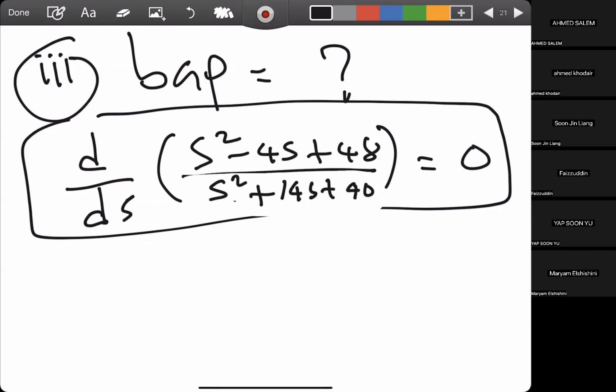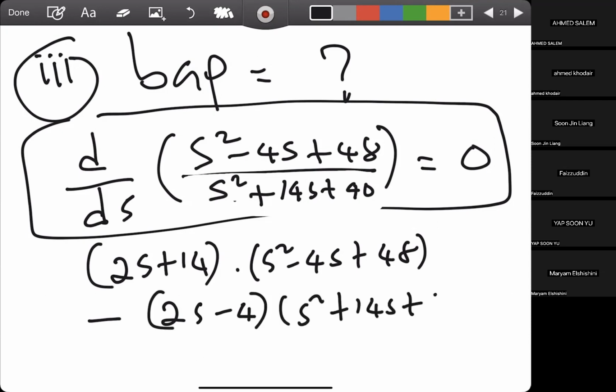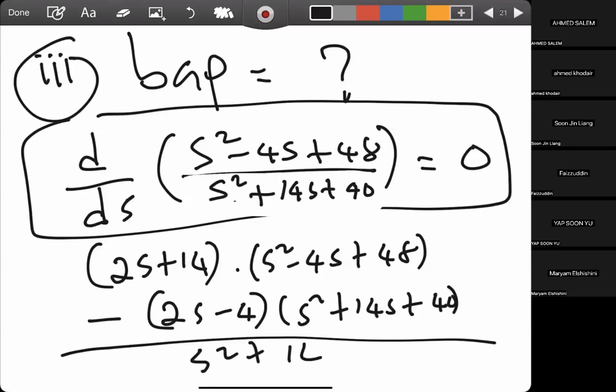So 2s minus 4 times s squared plus 14s plus 40, minus 2s plus 14 times s squared minus 4s plus 8, over s squared plus 14s plus 40 squared equal to 0.